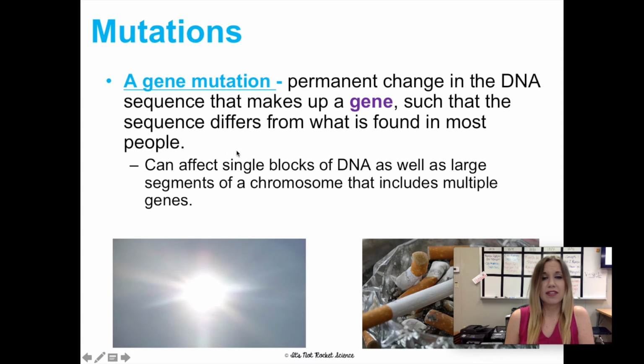Mutations can affect single blocks of DNA, like a single nucleotide, as well as large segments of a chromosome. Remember, chromosomes are tightly wound up sequences of DNA, so mutations can affect one little piece, or they can affect huge segments of a chromosome that can include multiple genes. That's why different kinds of diseases have multiple different symptoms and effects, because their DNA was mutated in multiple genes. So it could be a huge section of a chromosome.